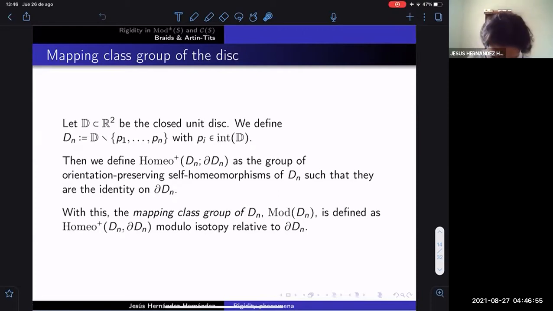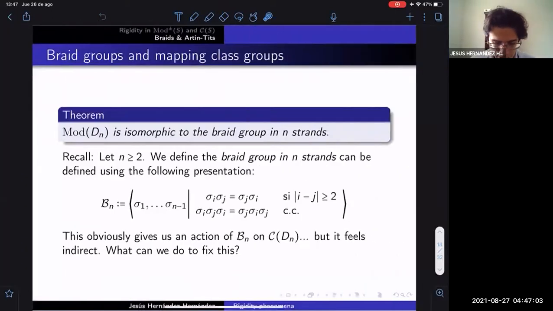So you have this. It turns out that you can give a very nice presentation of this group, and that is that it's actually the braid group on n strands. Now, for those of you that might remember or not, the braid group on n strands can be defined using the following presentation, just this one.